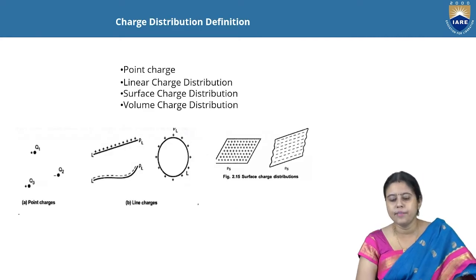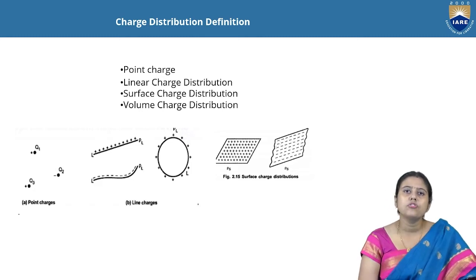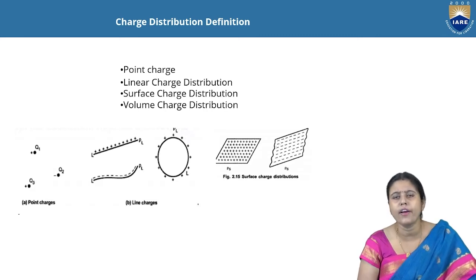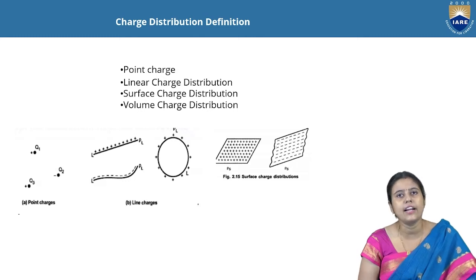Now the last important thing: what are the charge distributions? Till now we have been talking about the charge. Is charge a point, or what is charge? We can't see the charge, but charge is everywhere. So we can distribute the charge into four parts.